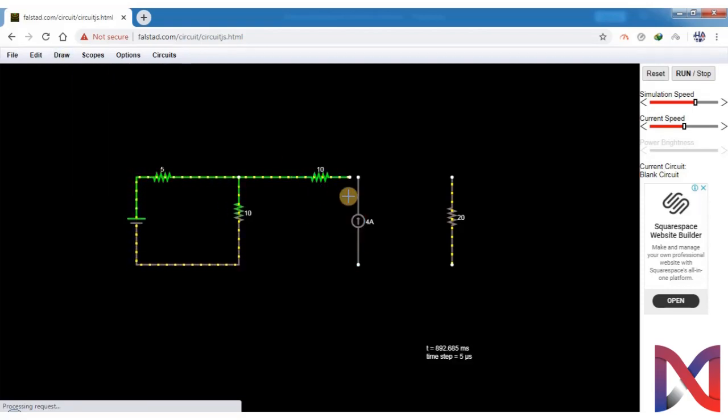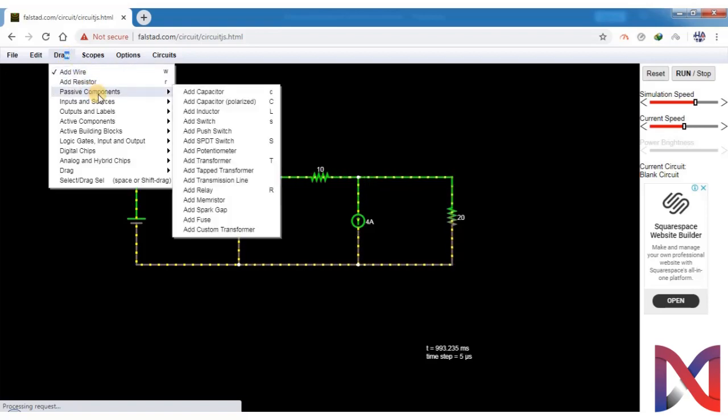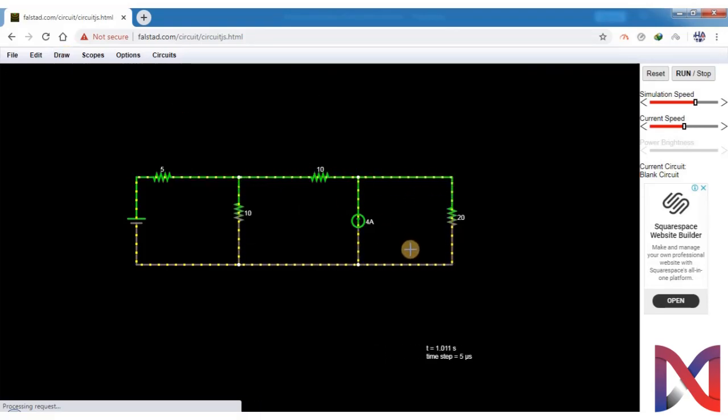Now connect this circuit with wires. Now the circuit is almost complete except that we have to add our ground. So we place our ground here.